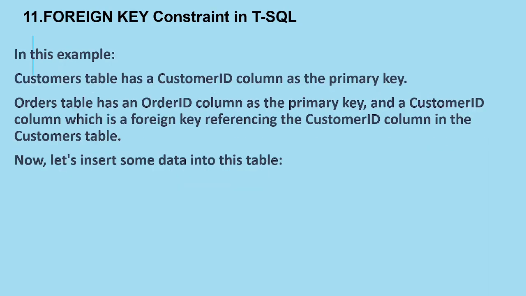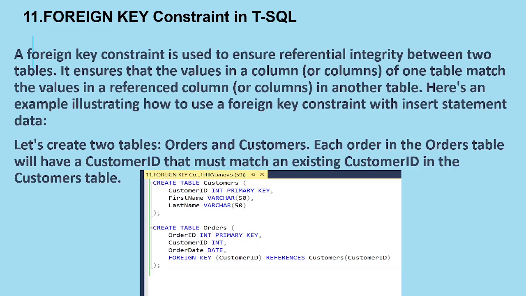So in the customers table we have customer ID as primary key, first name and last name. The orders table has order ID, customer ID and order date. The foreign key customer ID references the customers table's customer ID.